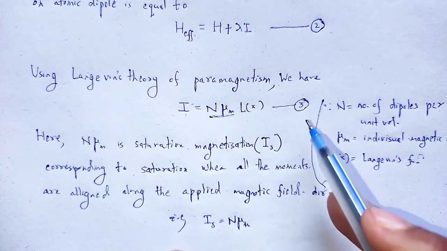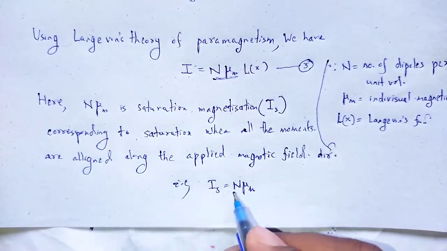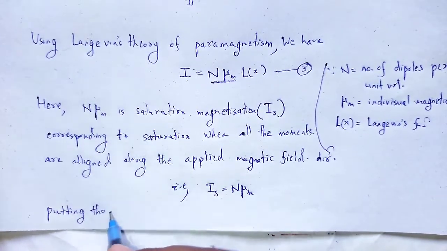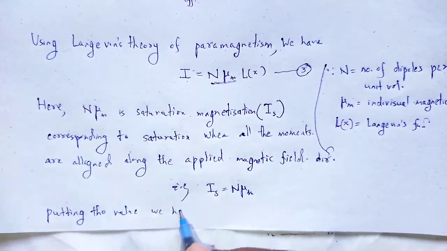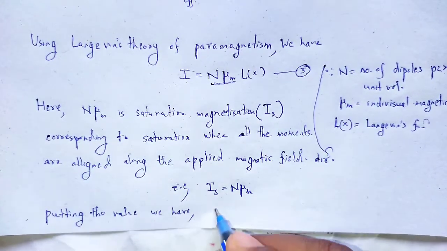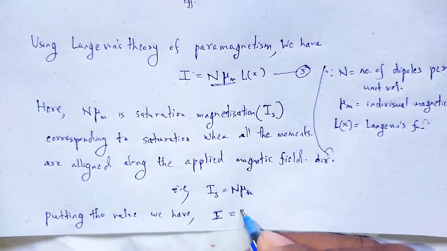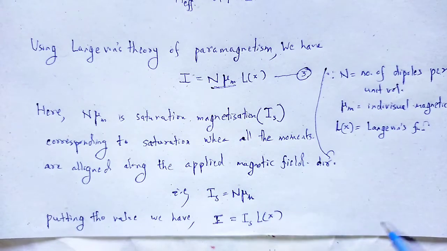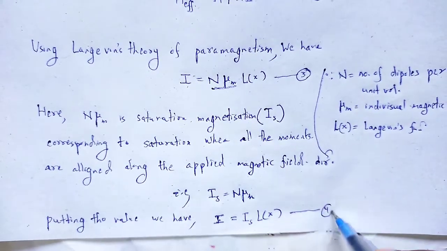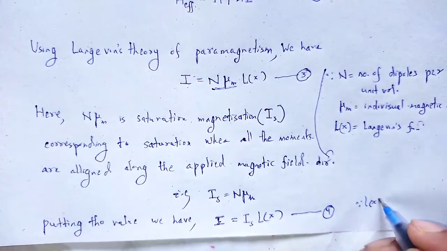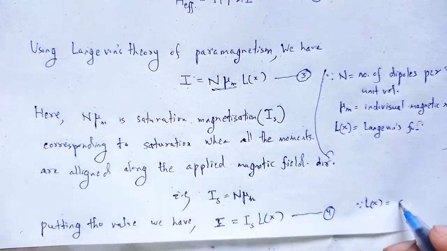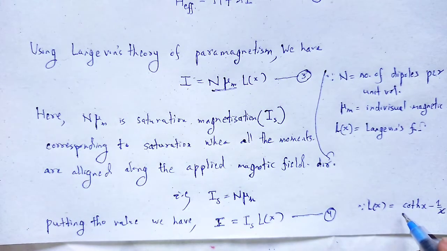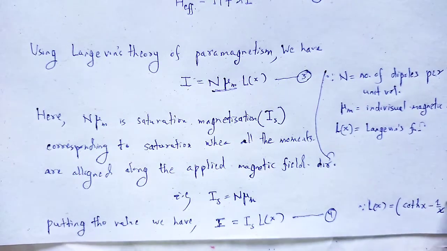So, putting this value, we have I is equal to I of S L of x, equation number 4, where L of x is equal to coth x minus 1 by x. We have already discussed it, that is Langevin's function.